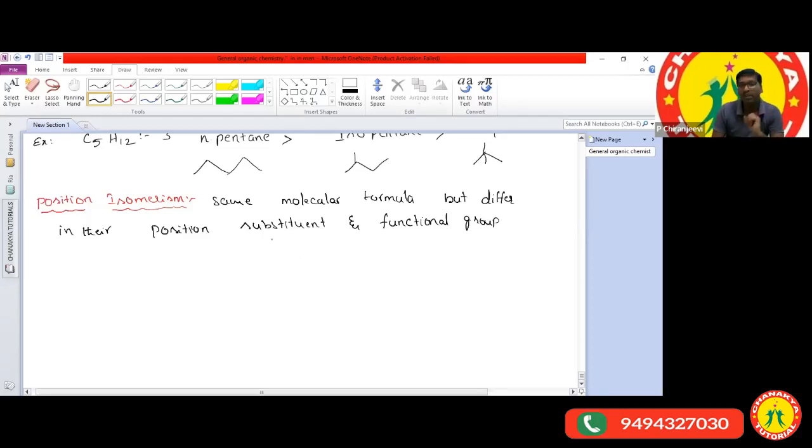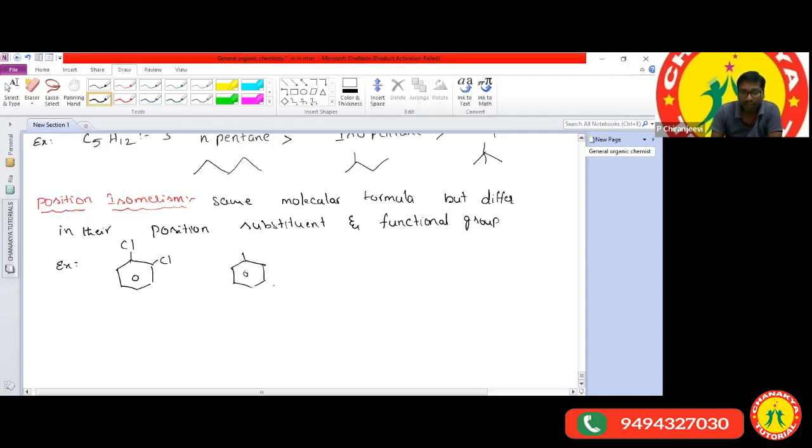What are the examples? For example, while writing the IUPAC names of aromatic compounds, we wrote some structures. Dihalides we wrote. In this one, Cl bond Cl, and I'll write one more example.